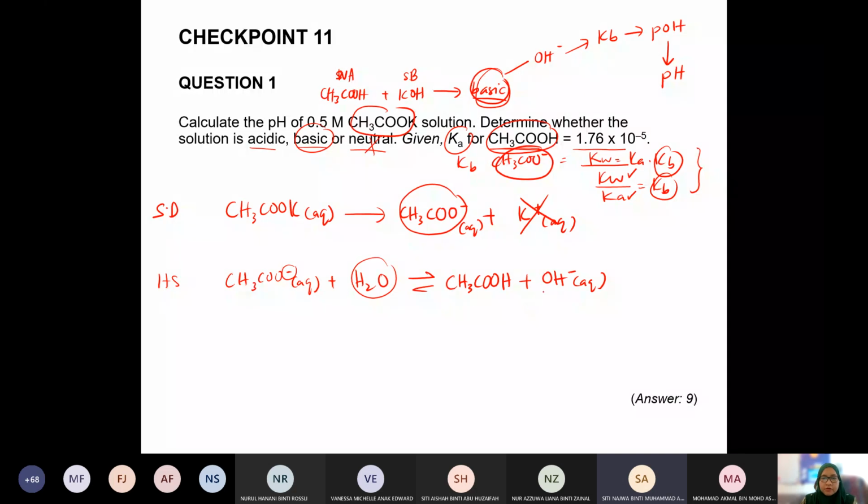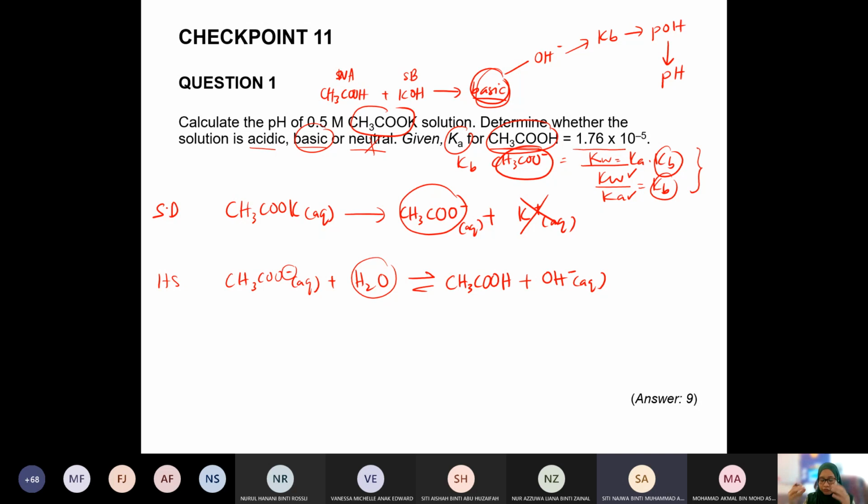Okay, alright, so we want to insert the concentration and so on, because we want to calculate the pH. We want the value of the pH just now. We don't simply want to say this is basic, this is acidic. Basic can be from 7.1 until 14. How basic is basic?